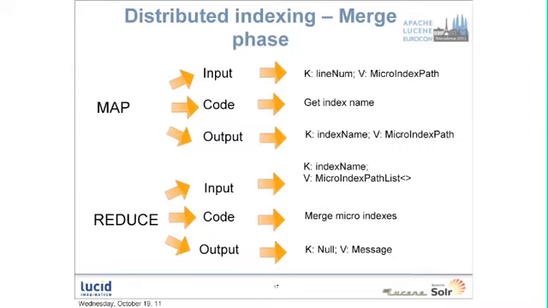So, the code of the second phase. The map as input will receive a path from a micro-index, and the key would be the number of the line of the file. The code here just has to get the index name where this micro belongs to. So it's going to emit the index name and the micro-index path.